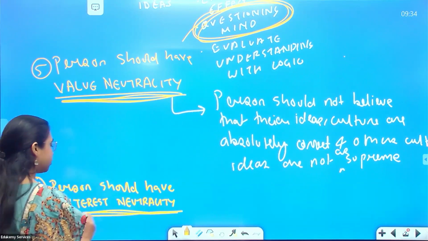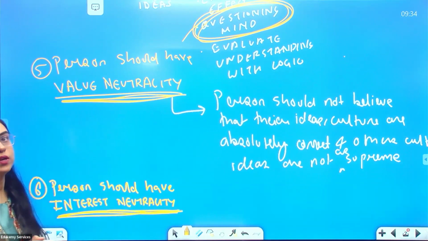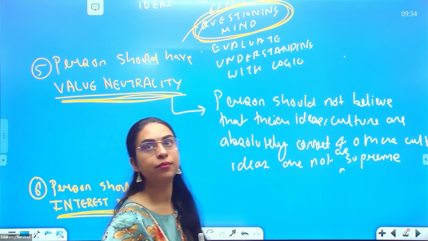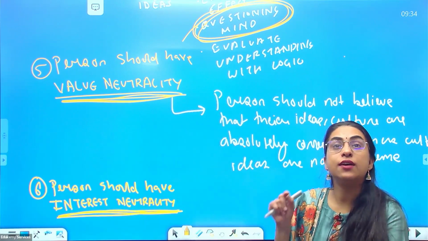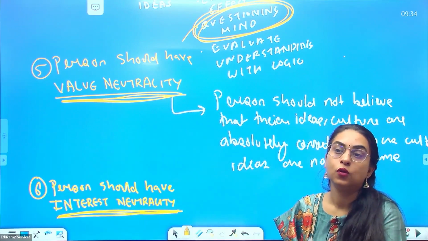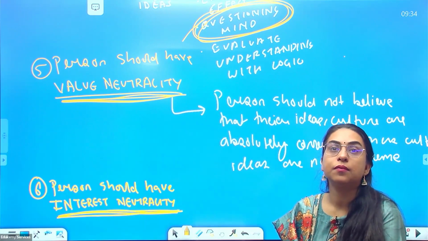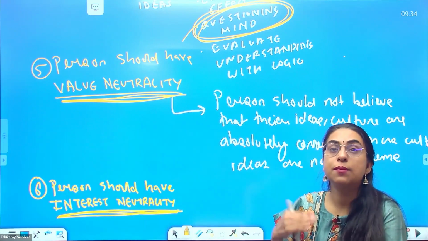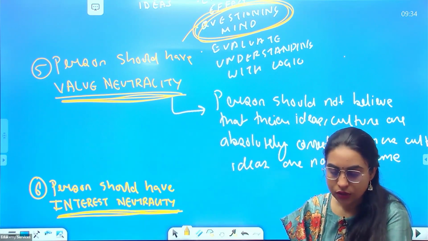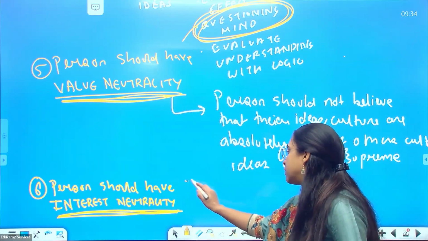What do you mean by interest neutrality? कोई चीज सही है या गलत है, ये मेरे इंटरेस्ट पे डिपेंड नहीं करना चाहिए कि मेरा फायदा किसमें है. कोई चीज सही है या गलत है, ये उसके एसेंस पे डिटरमाइन करना चाहिए, उसके बेसिस पे डिटरमाइन करना चाहिए. So it's about this. A person should have interest neutrality, right?